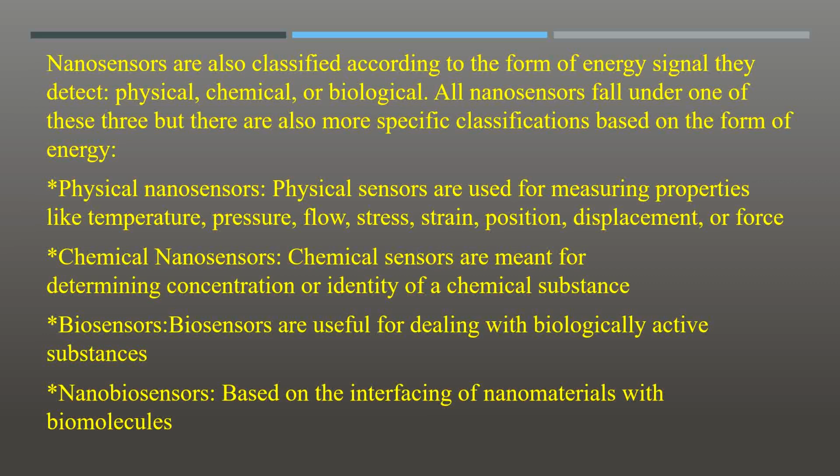Chemical sensors are meant for determining the concentration or identity of a chemical substance. Biosensors are useful for dealing with biologically active substances. Nanobiosensors are based on the interfacing of nanomaterials with biomolecules.